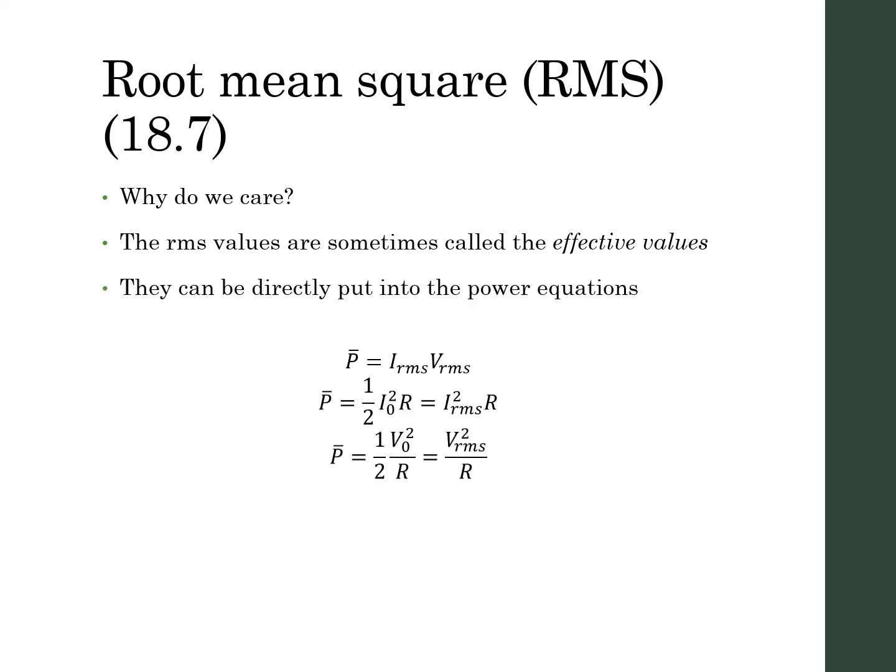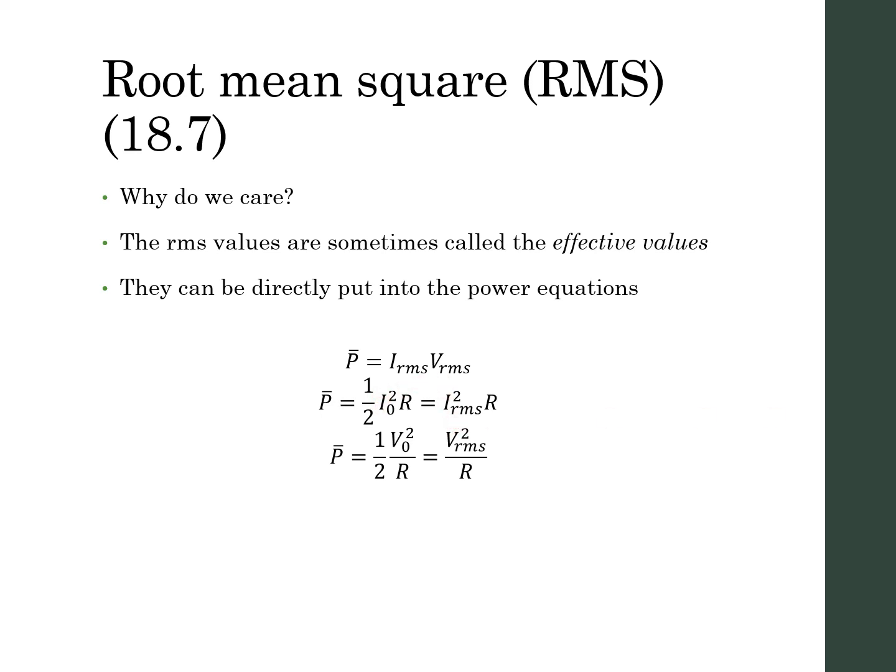And if we have the effective value, we can just directly plug it into the power equations. Instead of having to do 1/2 times our peak current squared, I could just plug in the root mean squared value. They're the same exact thing.